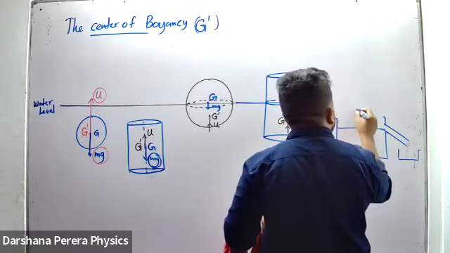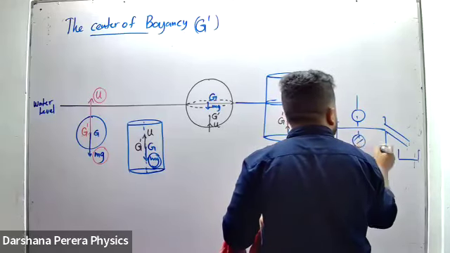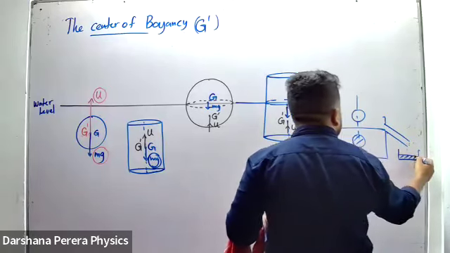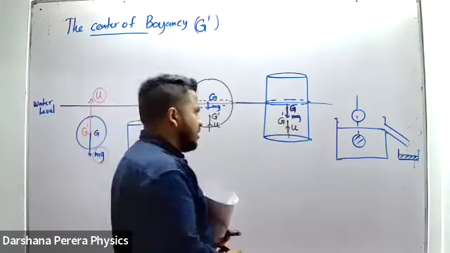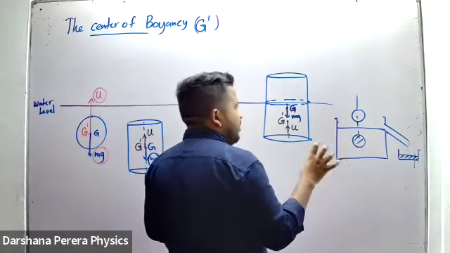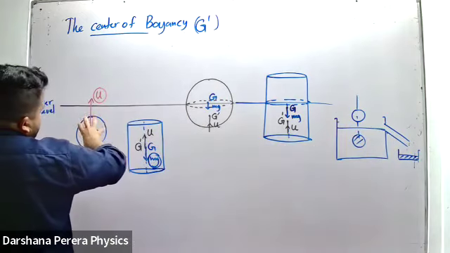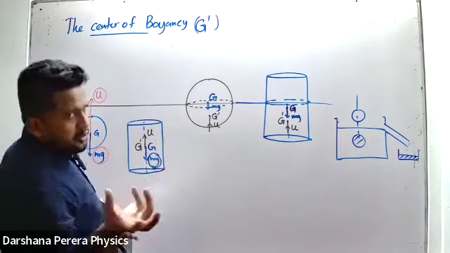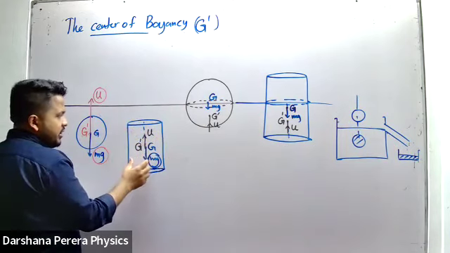When an object is getting submerged, some water gets displaced. That volume equals the submerged object's volume. That means when an object is immersed or submerged, an equal volume gets displaced. The displaced volume is equal to the shape, the volume of this one, right?